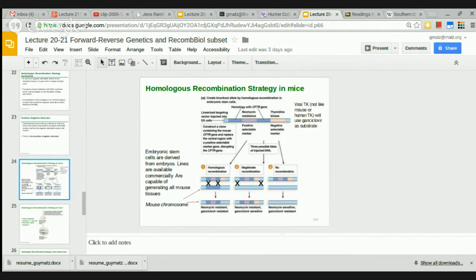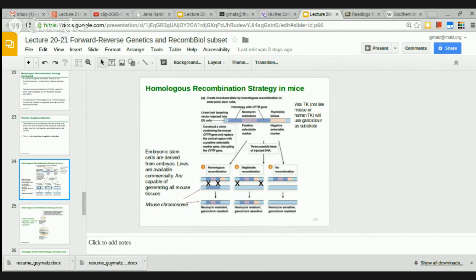But that HSV-TK, the viral form of this enzyme, is able to act on a substrate that we and mice and other eukaryotes never use. That is, it can use a substrate called ganciclovir.